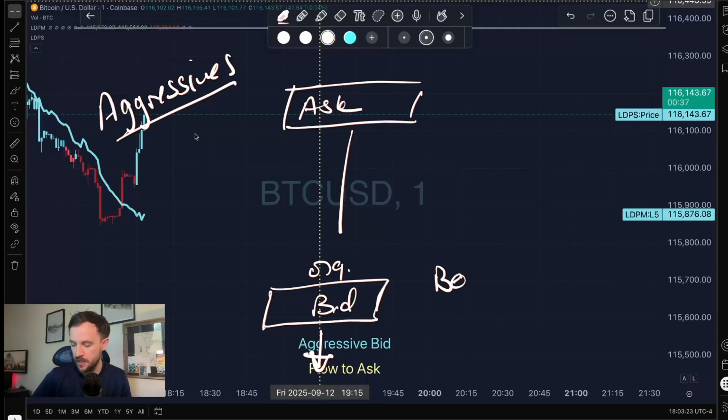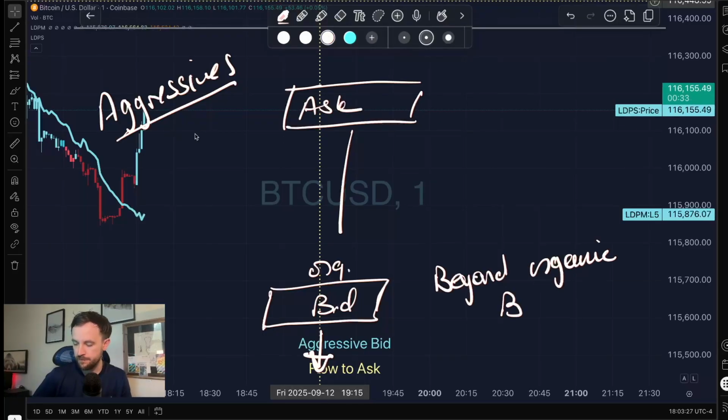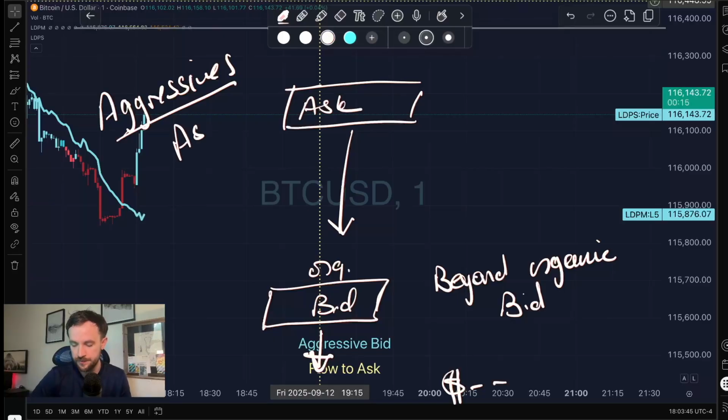So they move beyond the organic bid. And by that, it's indicated that they will push price lower than even the organic bid usually expects. So these typically result in drastic price depreciations when it's an aggressive ask.